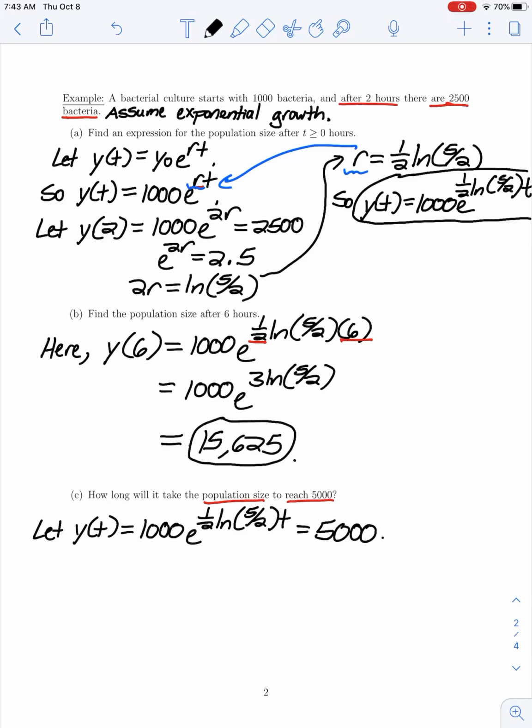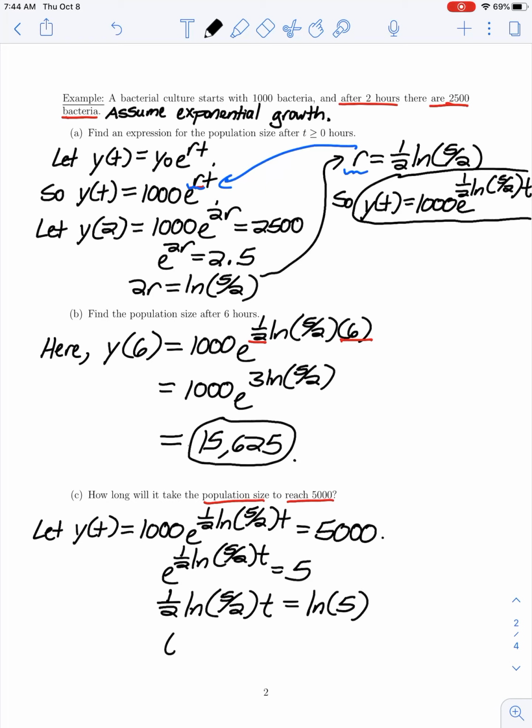So dividing both sides of this equation by 1,000, we have e to the 1/2 natural log of 5/2 t is equal to 5,000 over 1,000, or 5. And then taking the natural log of both sides, we have 1/2 the natural log of 5/2 t is equal to the natural log of 5.